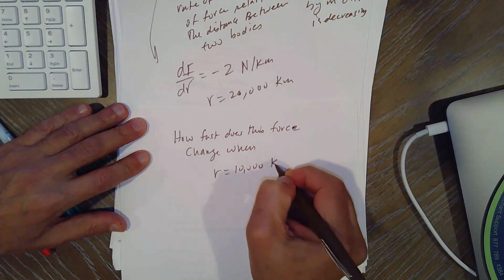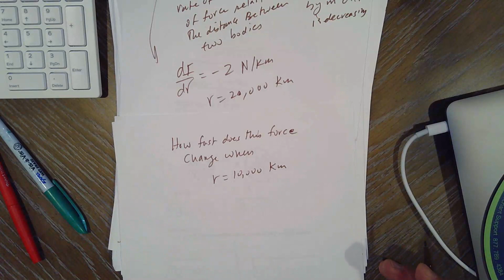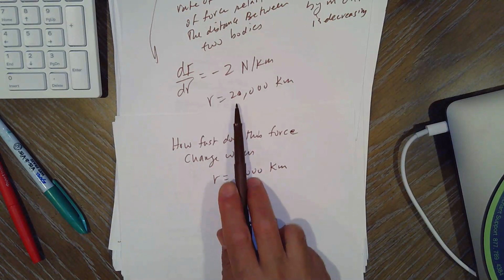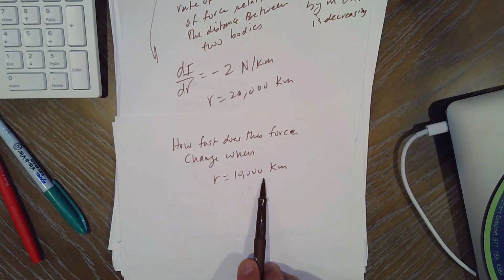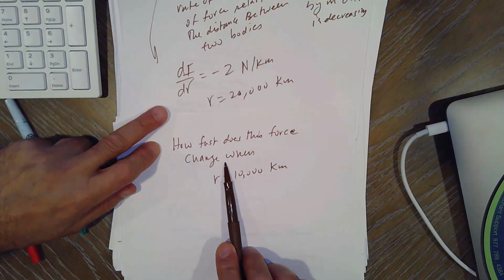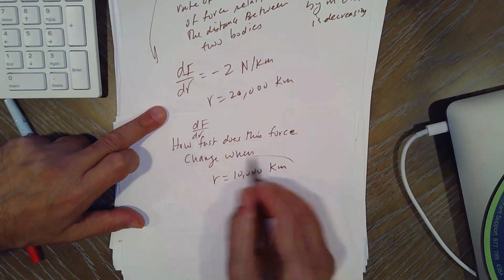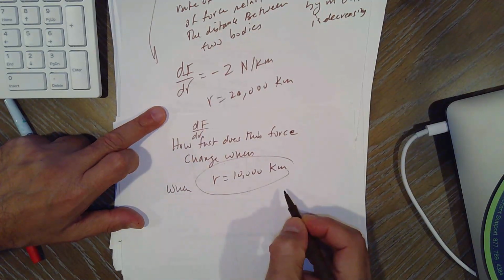So if you bring the bodies half as far apart as before, from 20,000 down to 10,000, how fast does this force change? What's dF by dr when r is 10,000?